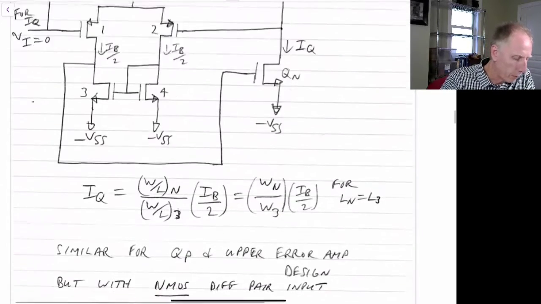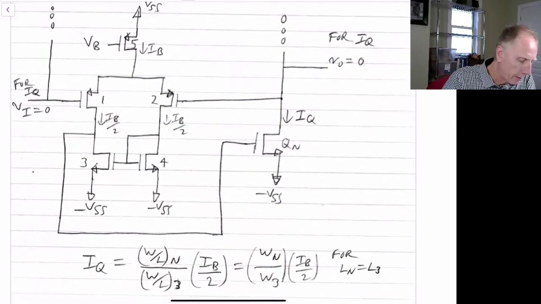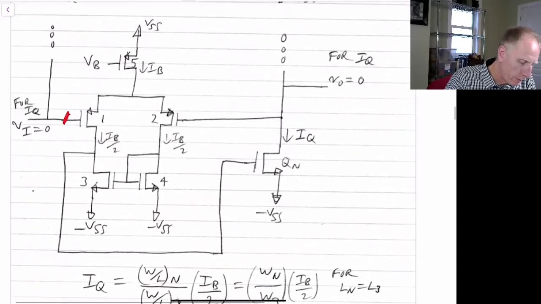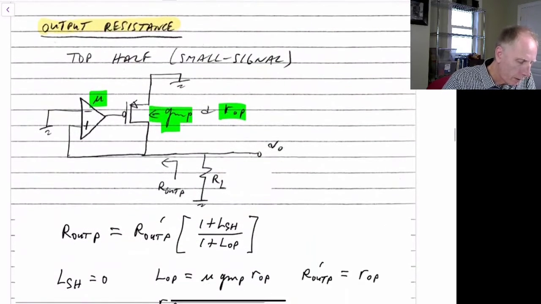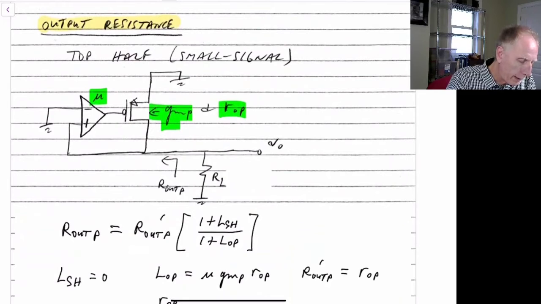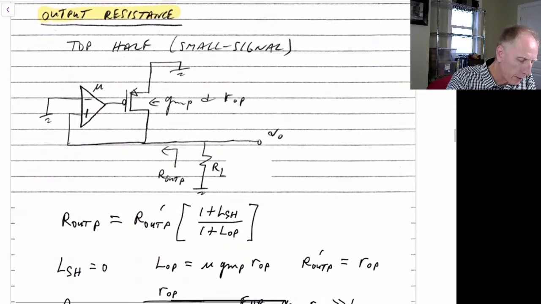So the gain of mu was the small signal gain from here to here. That's our gain mu. So now we have the output impedance.